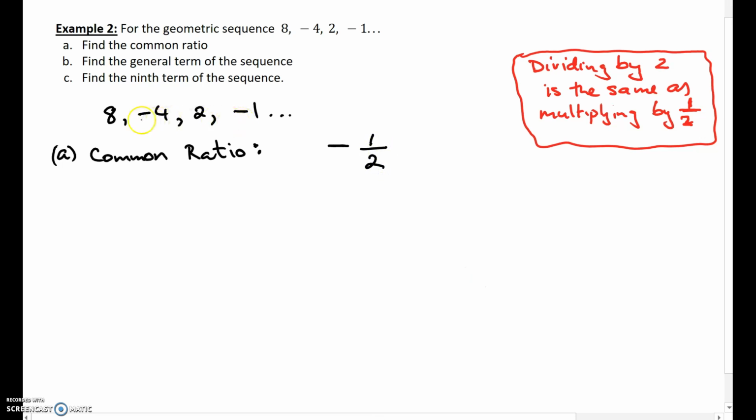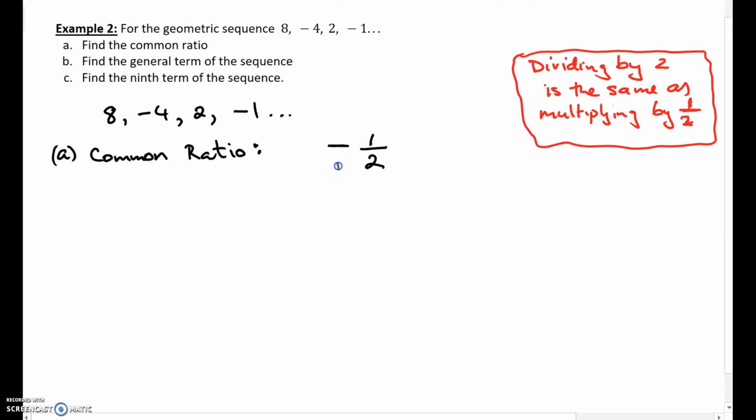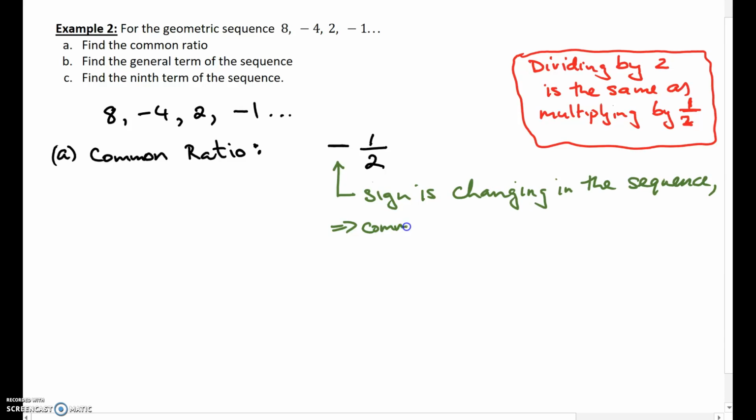And the sign is changing, 8, -4, so it's positive, negative, positive, negative. When there's a sign change, the common ratio has to be negative. The sign is changing in the sequence, and that means the common ratio must be negative.